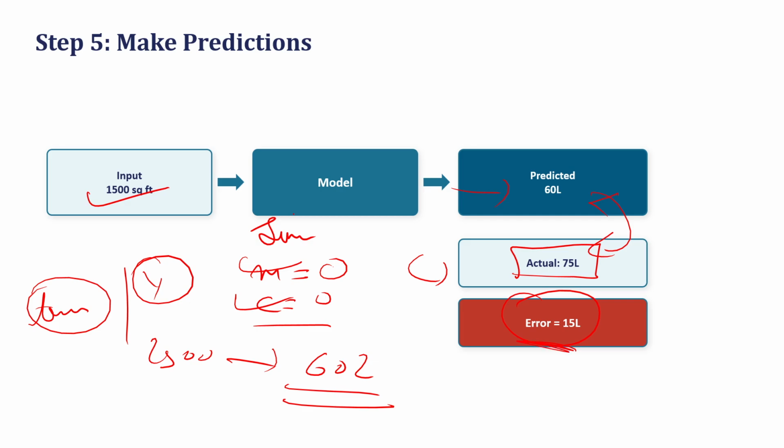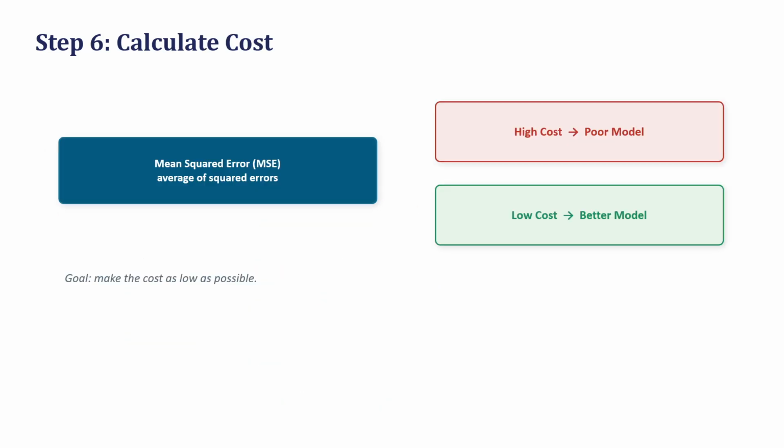Now what else needs to be done to improve our model? Calculate the cost. For calculating the cost you need to figure out the cost function. We have discussed one cost function very briefly, and in the intermediate series we will discuss it in depth. But as of now, remember that in regression the most common cost function is mean squared error, which averages the squared error.